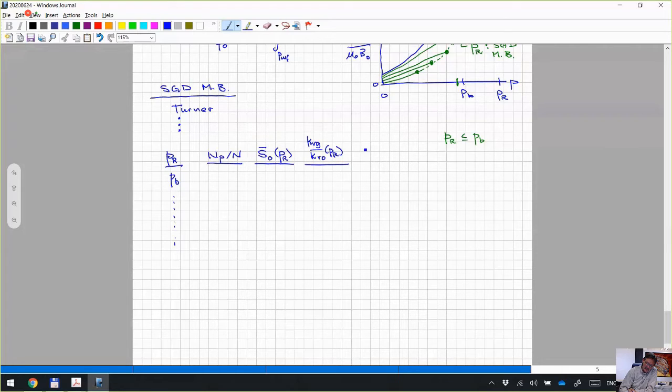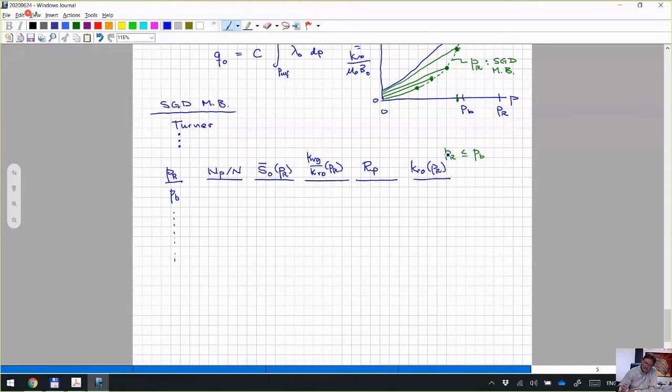And that allows you to get the producing gas oil ratio. So if you've ever done a solution gas drive material balance, these are the numbers that you get from this analysis. And once you know the KRG to KRO, you can also get the KRO at average reservoir pressure.